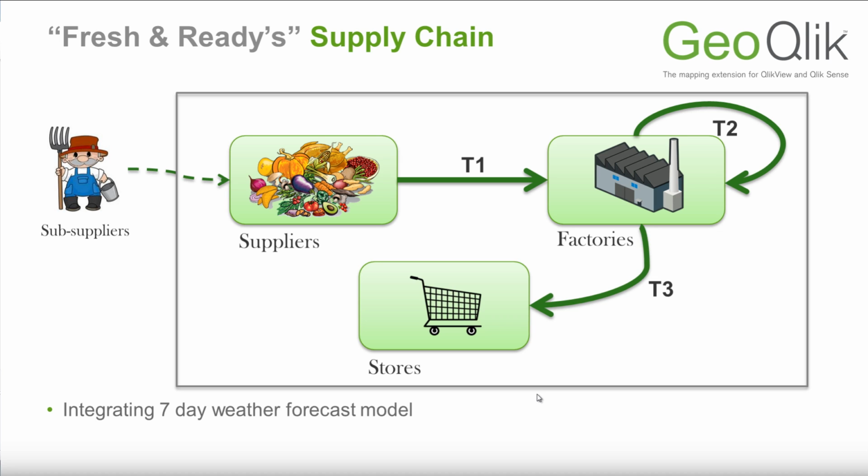The idea is going to be to better predict the demand of the stores, which means that by knowing how much the stores actually need 7 days in advance, we will adjust the volumes we need to produce. Therefore, our supply chain needs to have a cycle time of maximum 7 days. 7 days from the time we place an order with the supplier till the moment we put the products on the shelves.